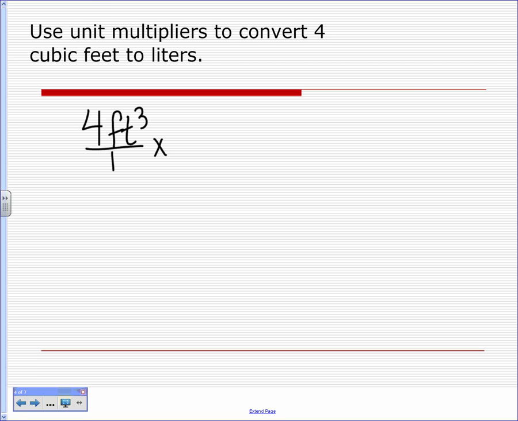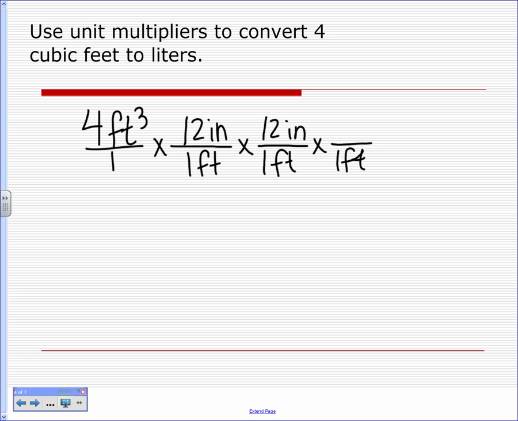So what are we going to start off by doing? Going to inches. So 1 foot. Why am I writing it out 3 times? Now what? Now you go to centimeters.